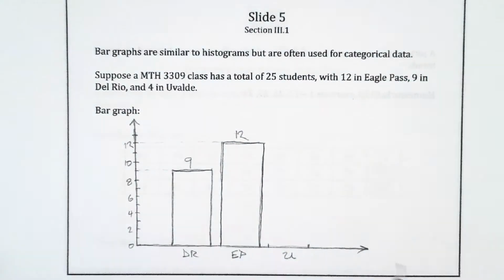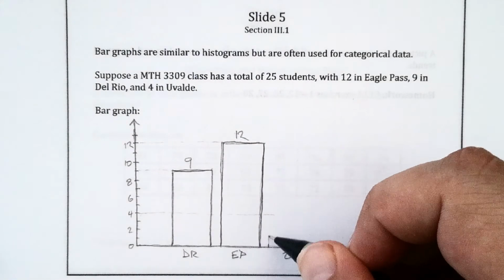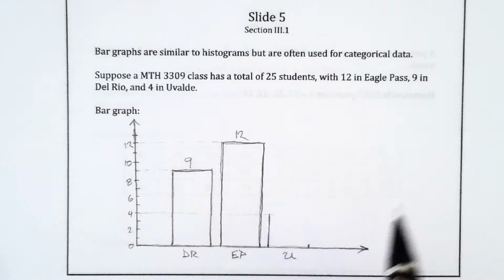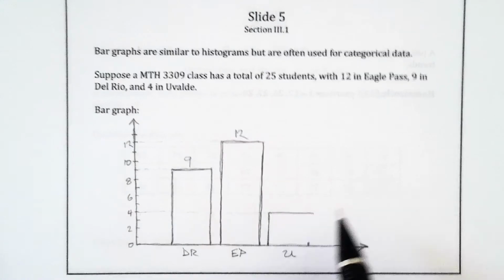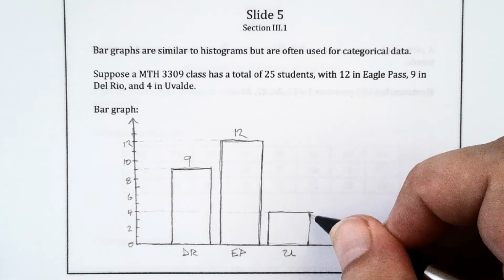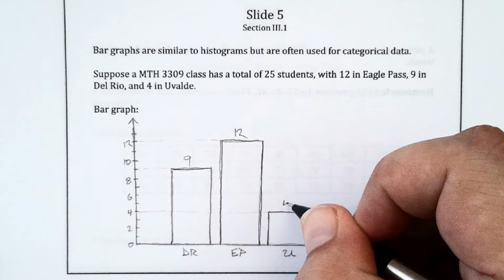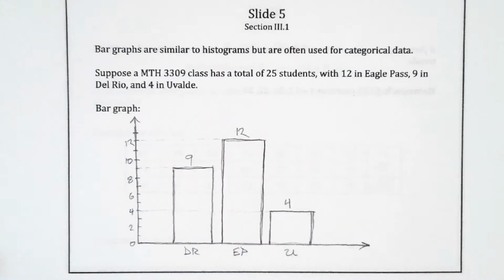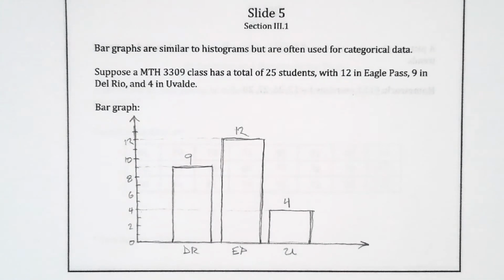And Uvalde is 4. And there's our bar graph. Okay, so I'm sure everyone knows how to do that.